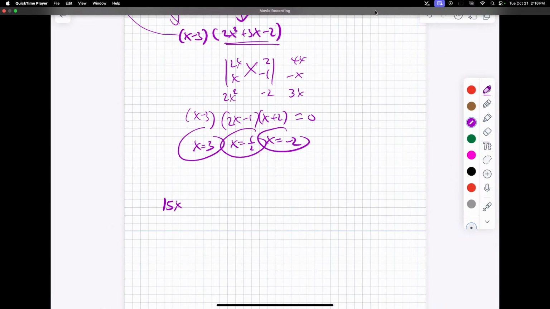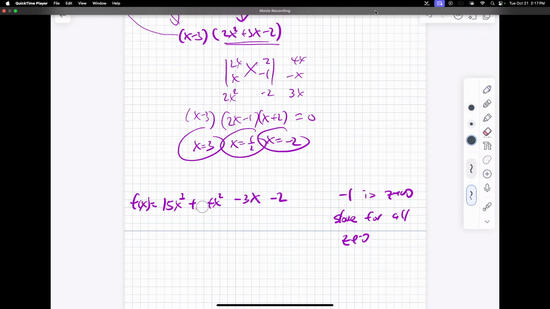Now you're going to try it. 15x cubed plus 14x squared minus 3x minus 2. And we say negative 1 is a 0. I want you to solve for all the 0s.